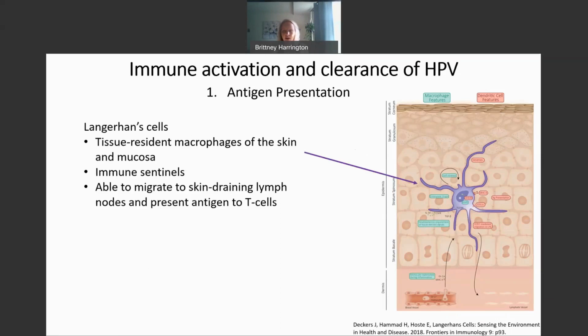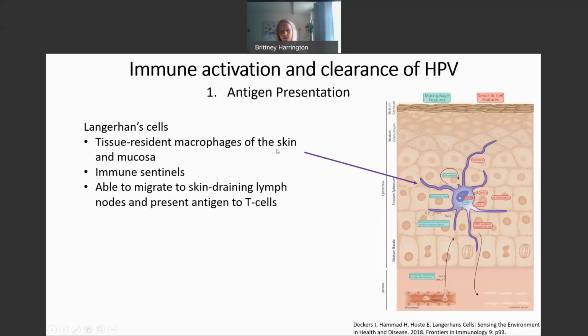So within the epithelial layers of basically every tissue, but most relevant in the cervix, are the Langerhans cells. These are a type of macrophage. They're a highly specific macrophage that are resident within the skin and mucosa, and they're immune sentinels.